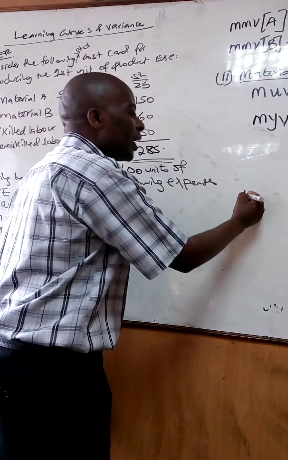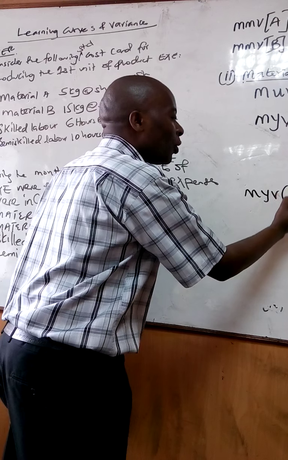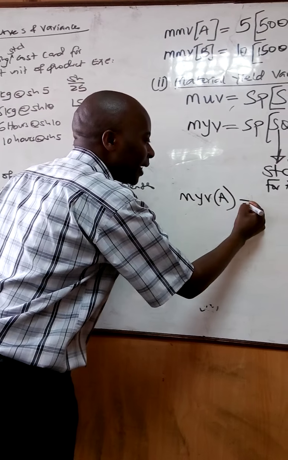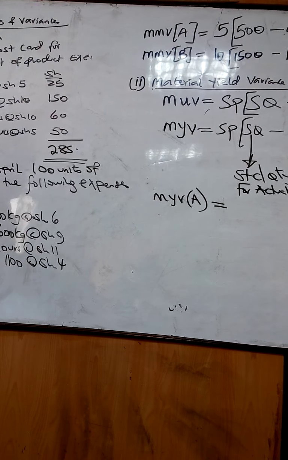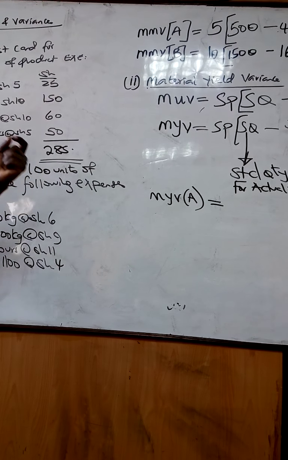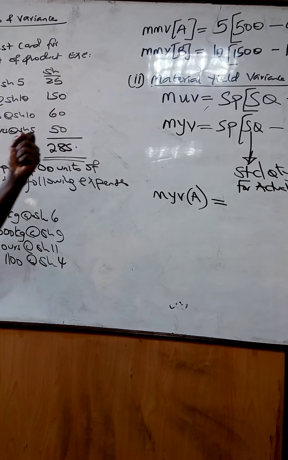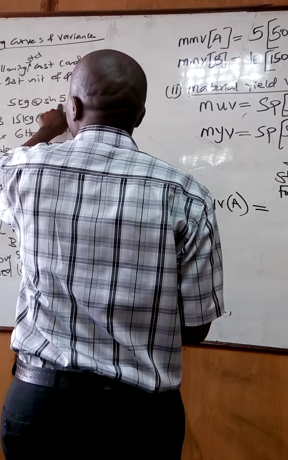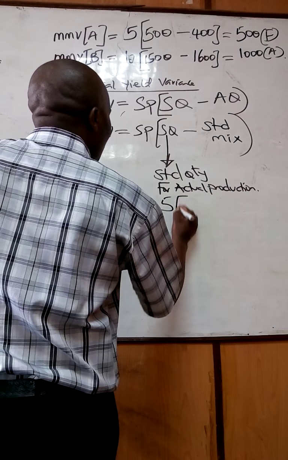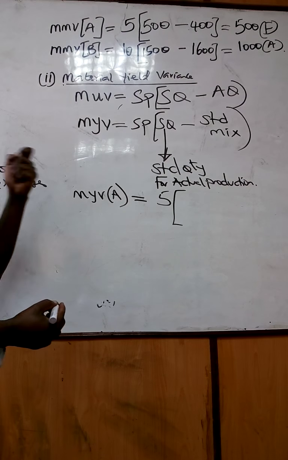So my material yield variance for the first type of material, that is material A, will be equal to, we have these parameters. Kindly give us these parameters here. For A, what is the standard price of A, my good students here? 5 into, how about the standard quantity for A?